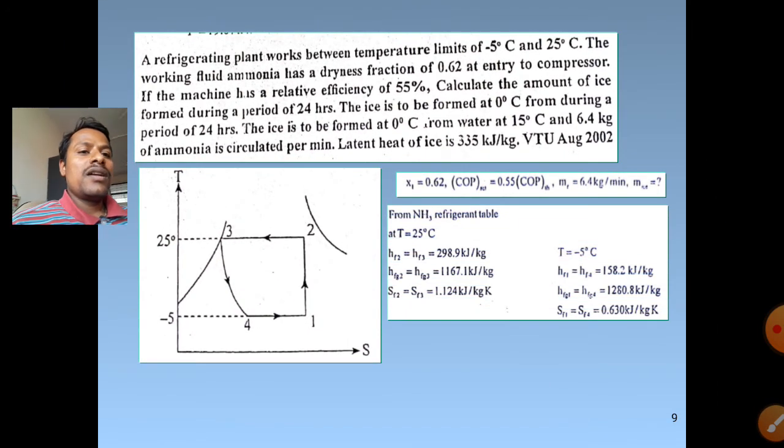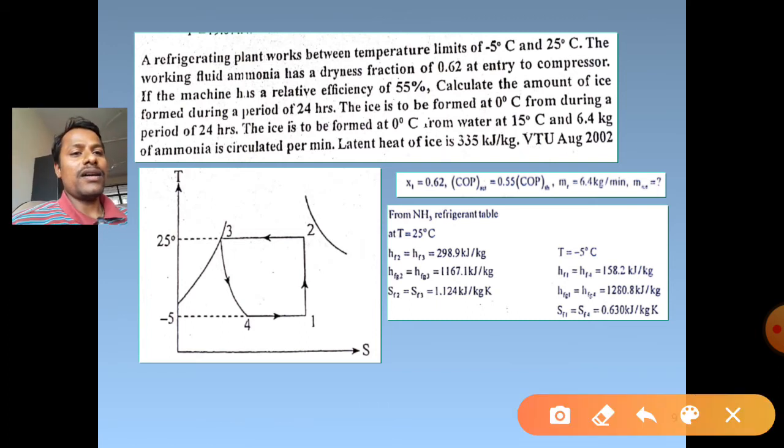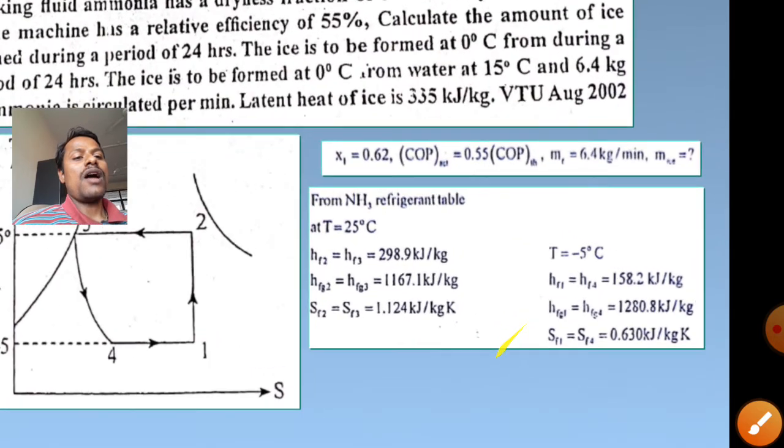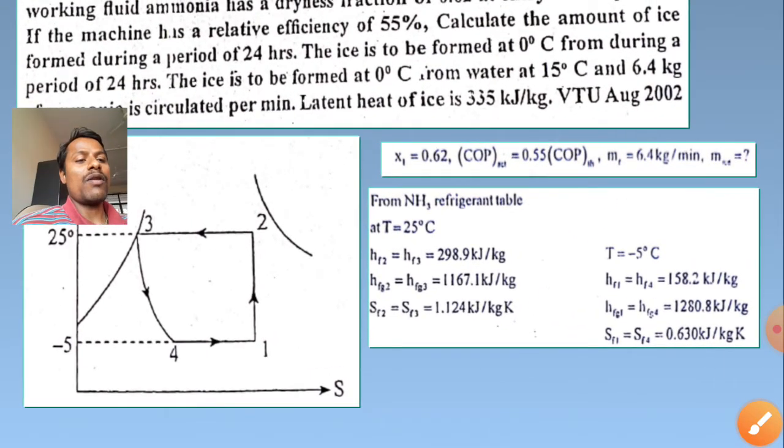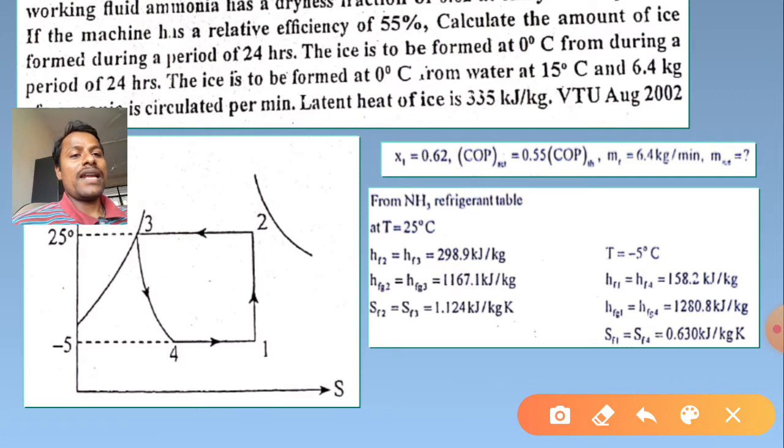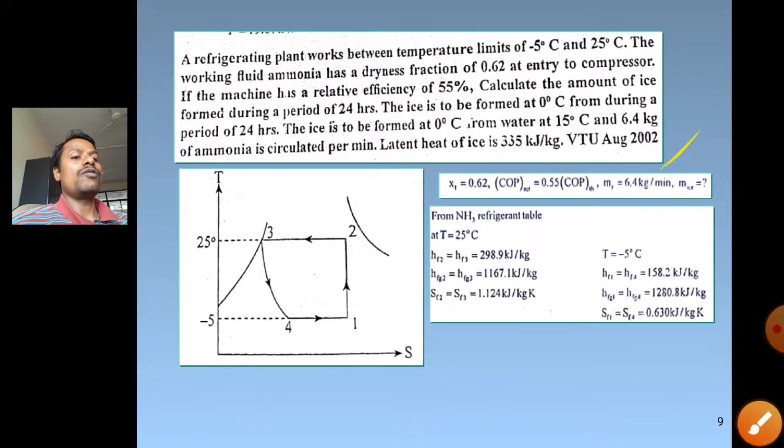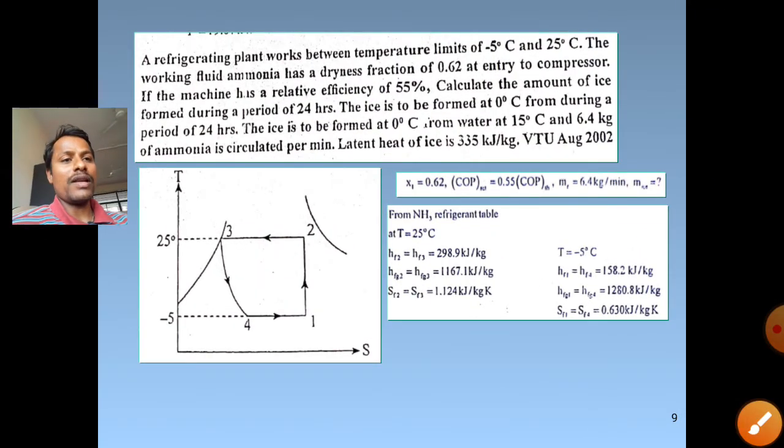Here we need properties of ammonia refrigerant at the given condenser temperature and evaporator temperature. So at 25 degrees Celsius, from the ammonia table, as we have understood from the previous problem statements, we can note down the HF value, HFG value, then SF value at 25 degrees Celsius. Then at minus 5 degrees Celsius, HF, HFG and SF values we can note down. The same values will be used for solving this numerical.